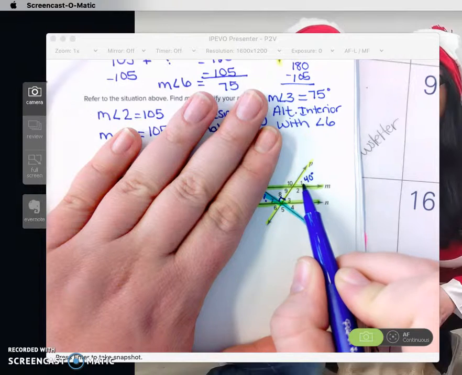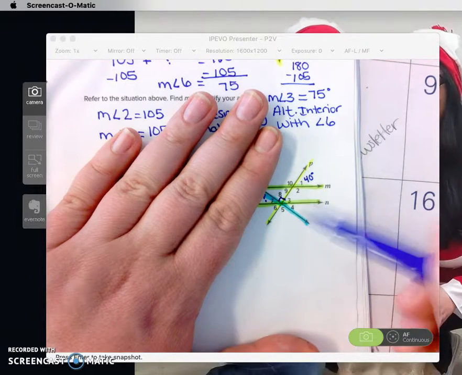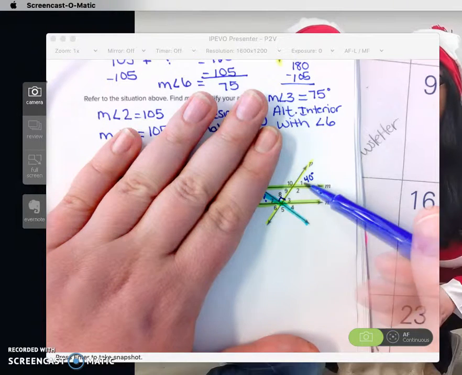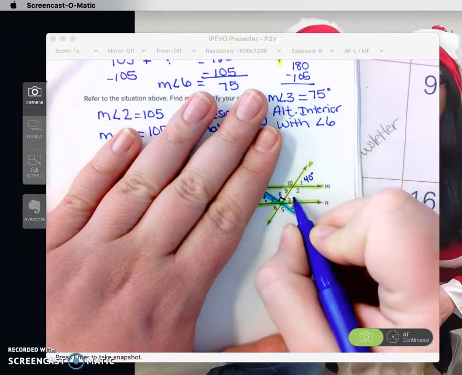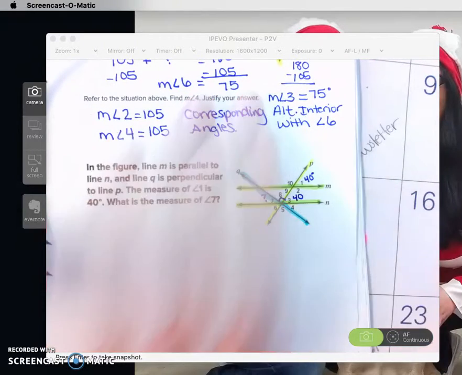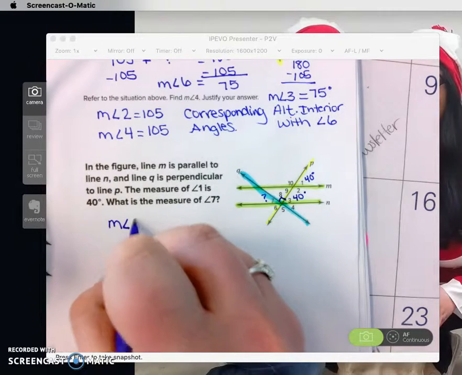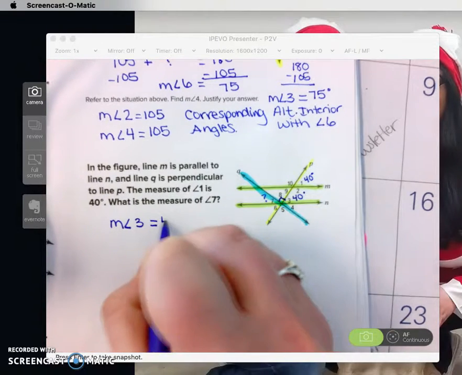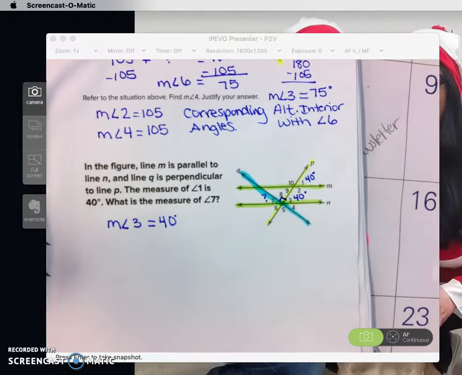Angle 10 and angle 1 would be supplementary because they create a straight line. I know that angle 3 and angle 1 are corresponding. That means that corresponding angles are equal. So the measure of angle 3 has got to be equal to 40 degrees also, because they are corresponding angles.